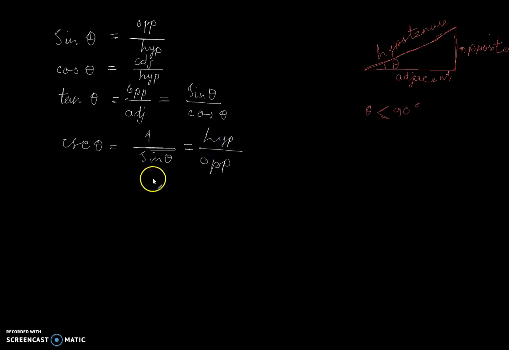And we have secant theta, which is 1 divided by cos theta, the reciprocal of adjacent by hypotenuse, which is hypotenuse by adjacent.